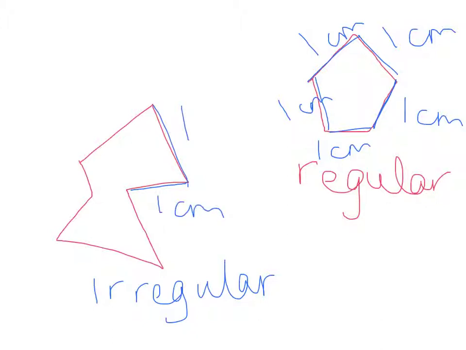This maybe is 1.5 centimeters, 2 centimeters. I already know that because there are 3 different measurements, that it's going to be irregular. I don't even have to measure these because I know these 3 sides are not equal.